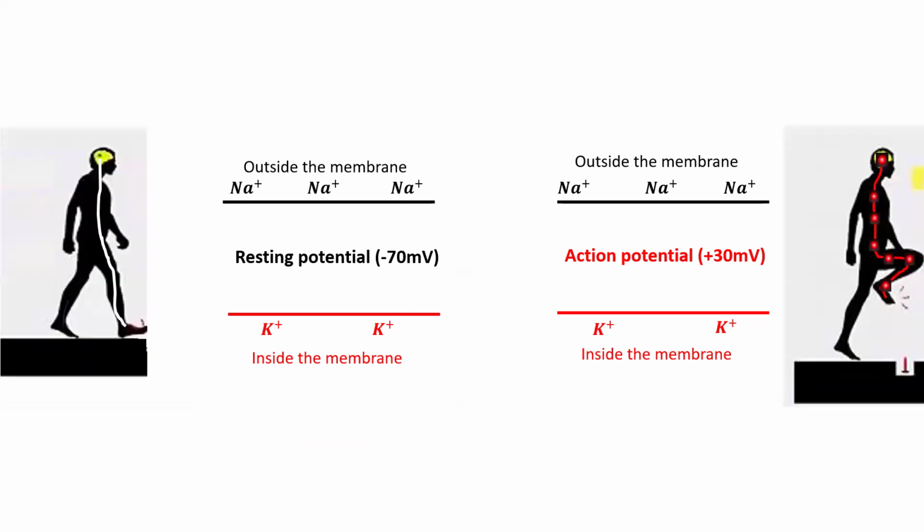And once whatever your body wants to do in response to a particular stimulus is finished, your body wants to come back to the resting potential, and repolarization happens. Here, the polarization outside and inside of your cell membrane was changed, and now it will be restored.